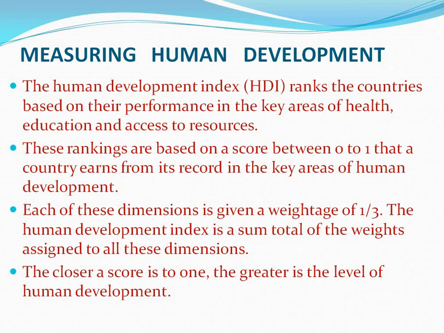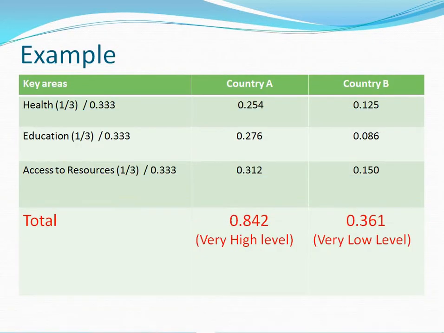Some doubt? Okay. Now let me give you an example. Key areas: health, education, and access to resources. For example, the total score is 1. In your subject it is 100, but assume here it is only 1. Total marks is 1, and it is divided into 3 subjects.